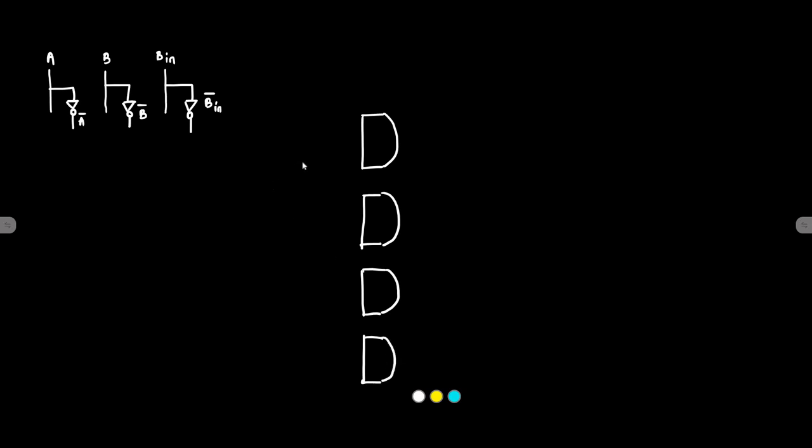Okay, so in the first case, A bar, B bar, B in. So we'll take A bar, we'll take B bar, and we'll take B in.